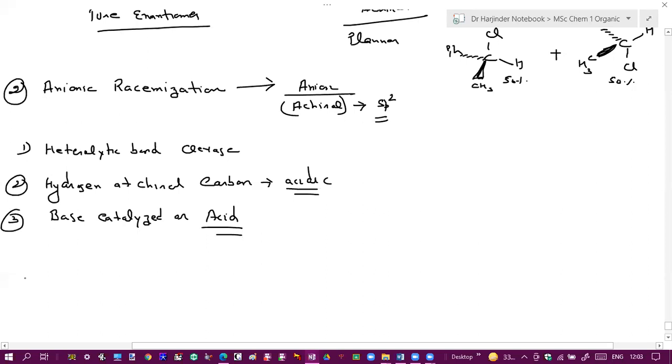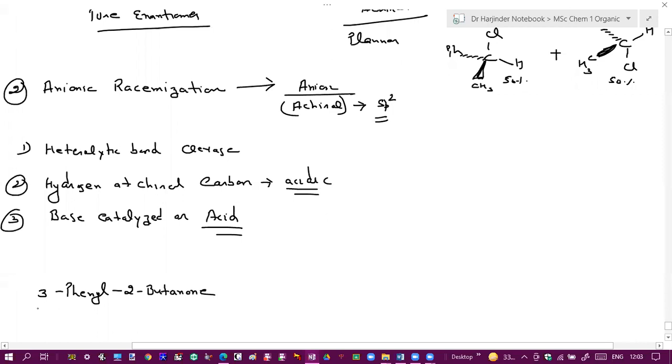Let's take an example. Suppose you have 3-phenyl 2-butanol.